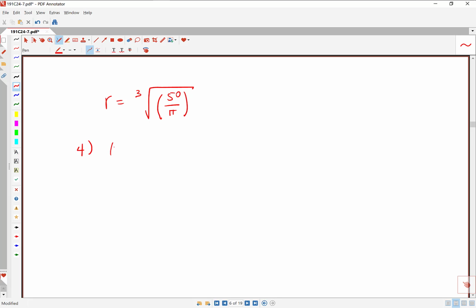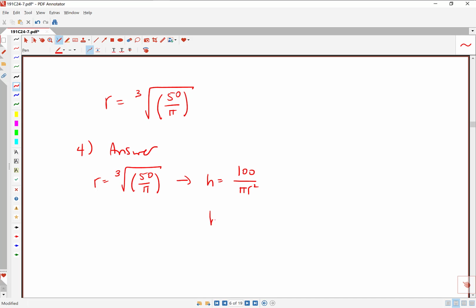And here's step 4, where we're going to give our answer. So we're going to take this quantity, R equals the cube root of 50 over pi, and we are going to plug it into our formula for H, which was 100 over pi R squared.